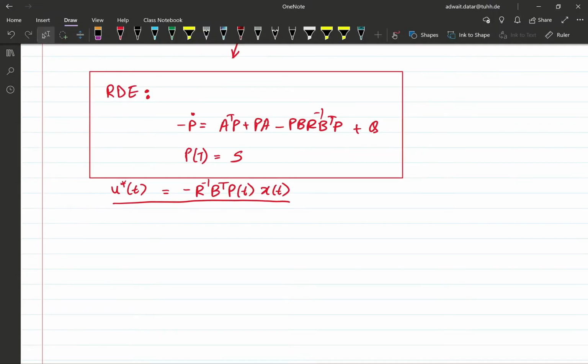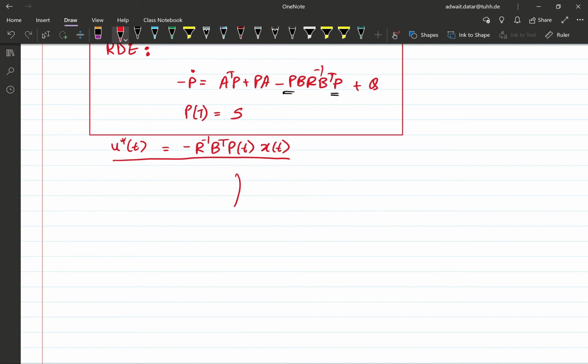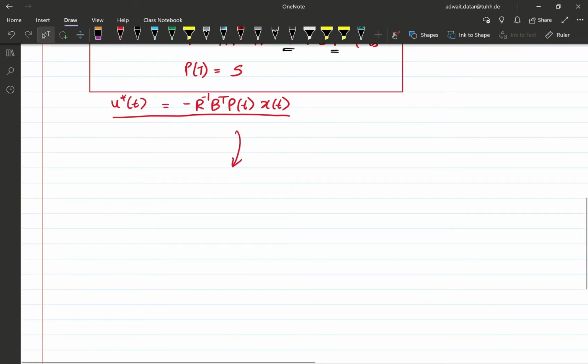Now we also see that this is a nonlinear differential equation due to the product, due to this quadratic term in P. So we posed another problem, or rather a fictitious system of this form.